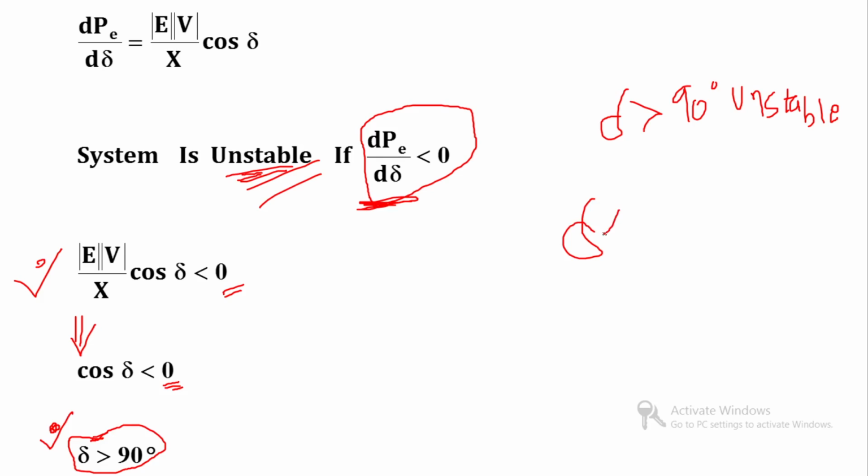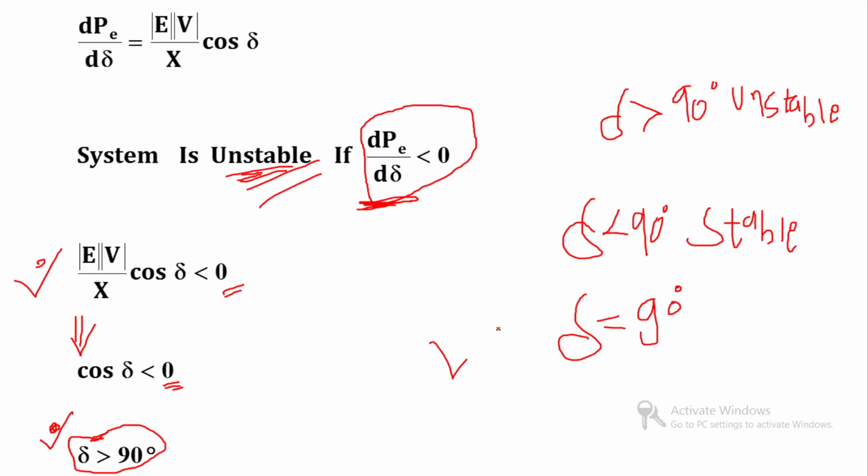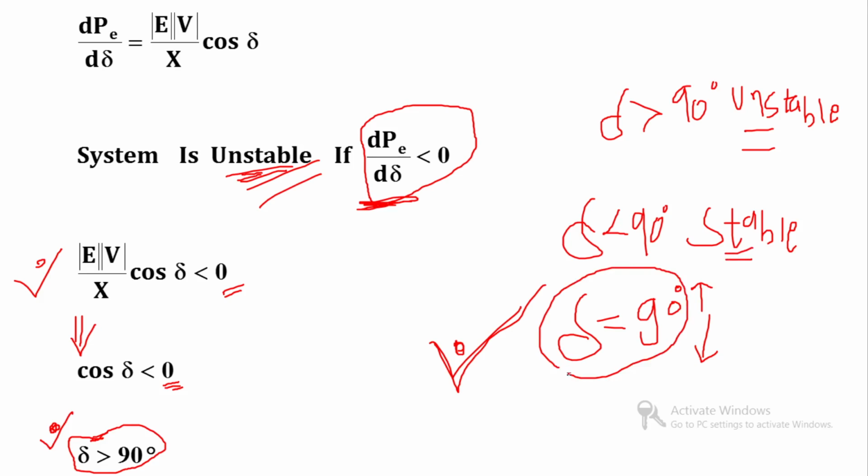If delta is less than 90, the system is stable. So we can say that delta equal to 90 is called the stability limit, because if delta changes from 90 to a higher value, it will become unstable, and if it reduces from 90 degrees, it will become stable. So 90 is known as the stability limit.